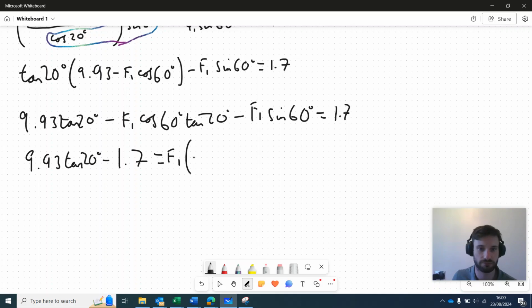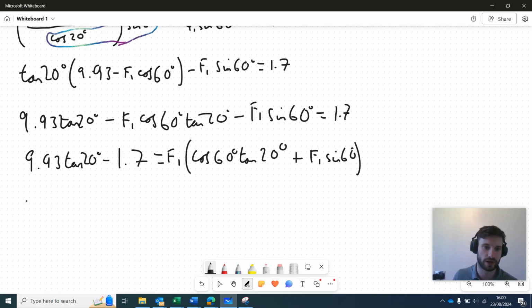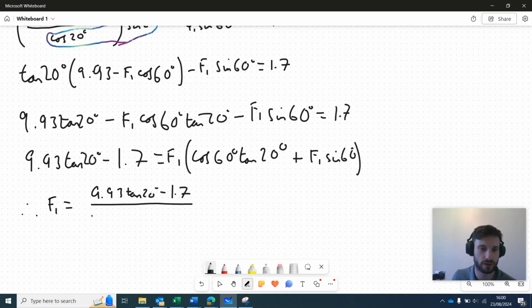So I'm going to say f1 times cos 60 tan 20 plus sine 60. And then finally, I can say, therefore, F1 equals 9.93 tan 20 minus 1.7 all over cos 60 tan 20.